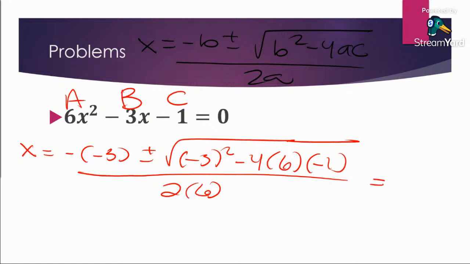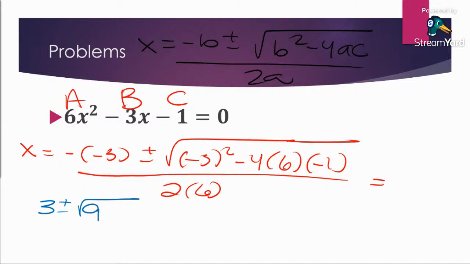Like I said, the first thing we do is substitute the values in. From here, we do some cleanup. Minus a negative turns positive, so that's a 3 in front, plus or minus the square root. Negative 3 to the second gives us 9.